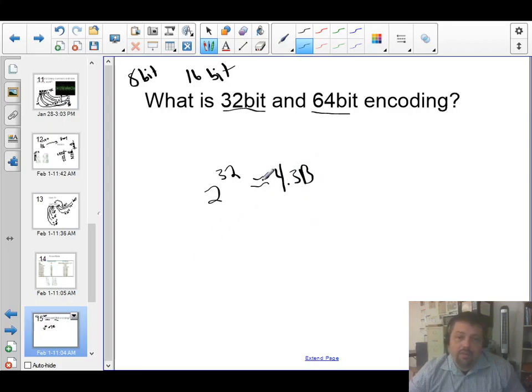So it can understand up to the number 4.3 billion. But a 64-bit computer can understand numbers all the way up to 2 to the 64th power, which is going to be way bigger. And that is 1.8 followed by 19 zeros. Gosh, so really big.